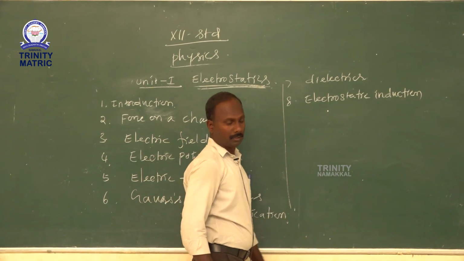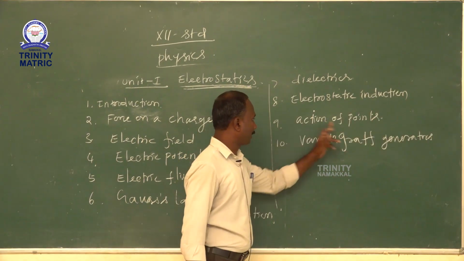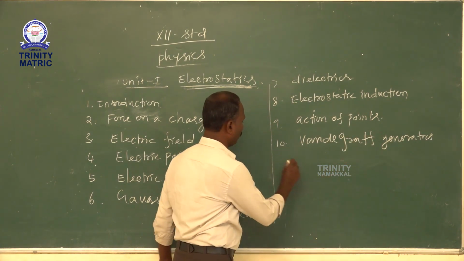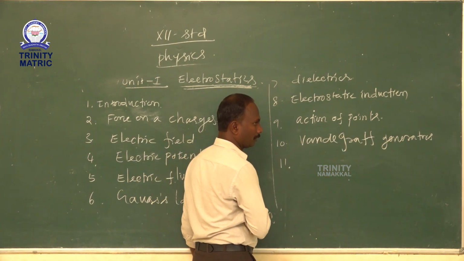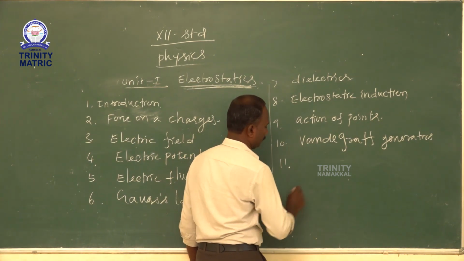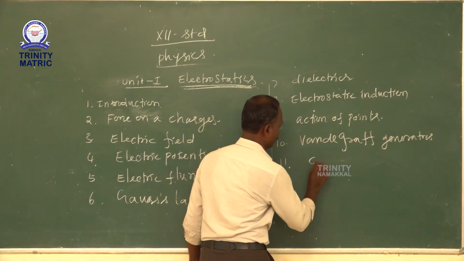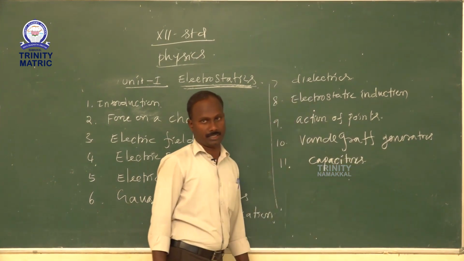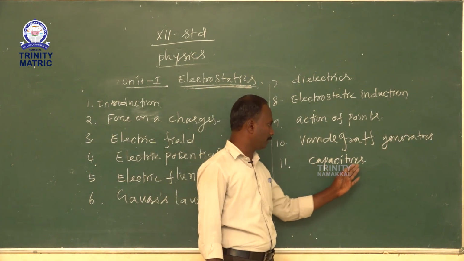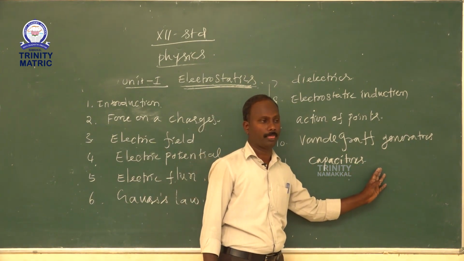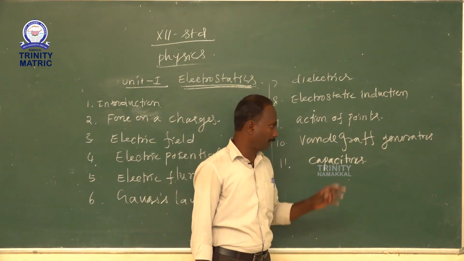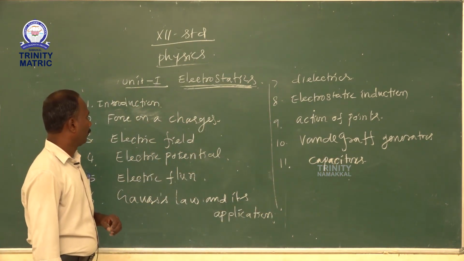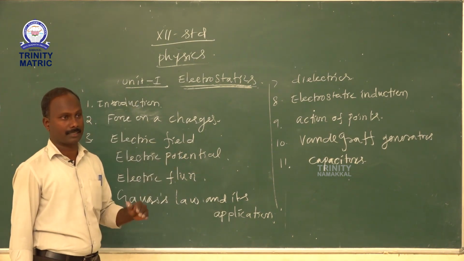Electrostatic induction and its application in action of points and the Van de Graaff generator, and one more very important application of electrostatics, the capacitors and their combinations. The capacitor has two combinations, one is a parallel combination and another is a series combination. This is very essential in the electrostatics lesson. These are all the topics we will discuss.